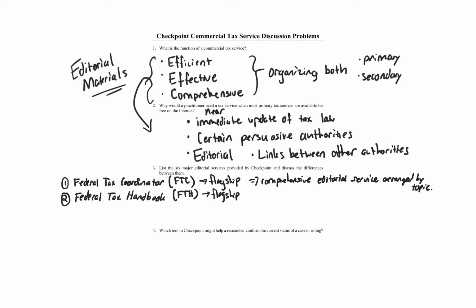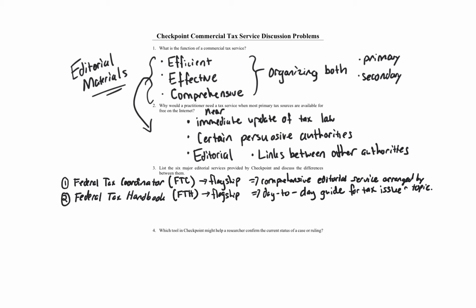And the Federal Tax Handbook is similar to the Federal Tax Coordinator, except it's more an accurate and easy reference for day-to-day tax questions on most current tax years. So it's more like a day-to-day guide, not as comprehensive, more of a day-to-day guide for tax issues.